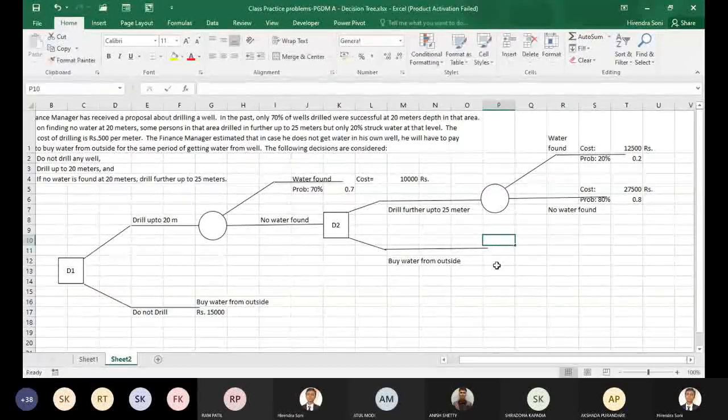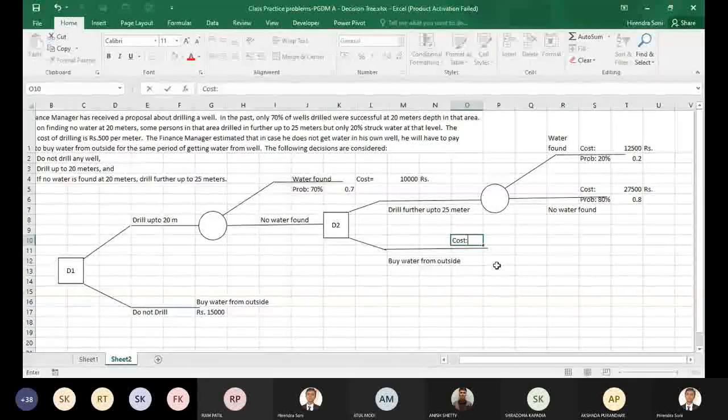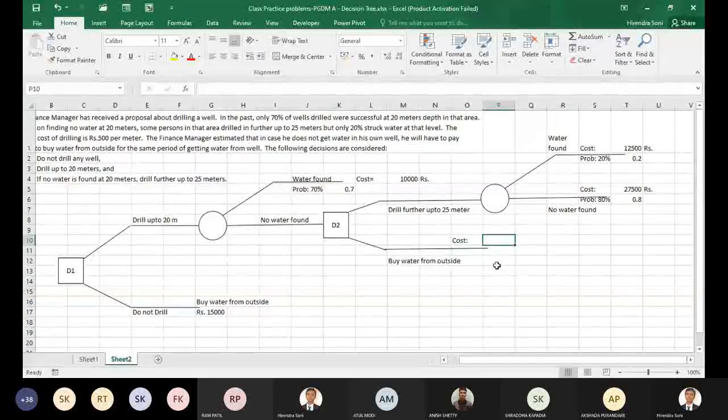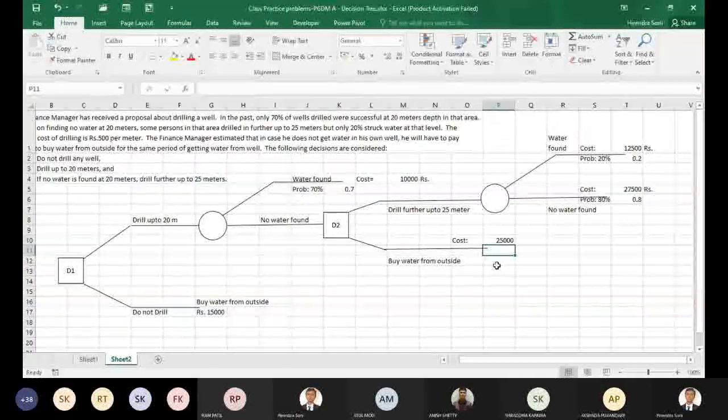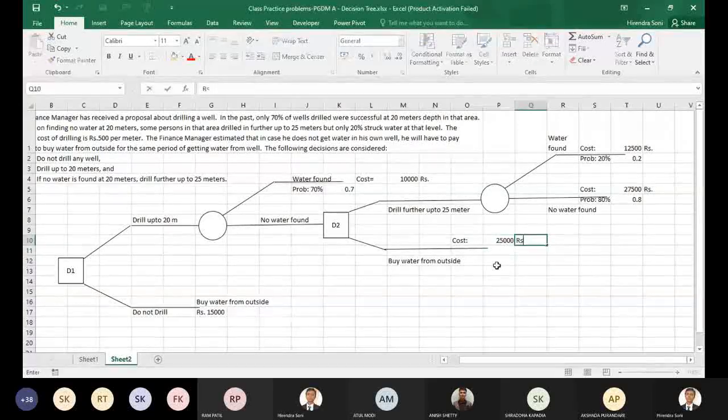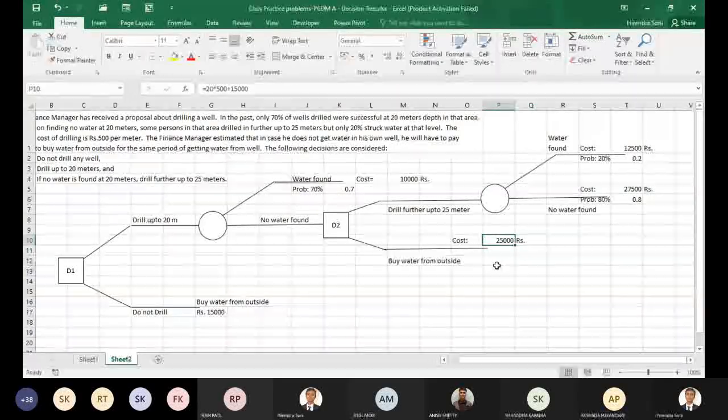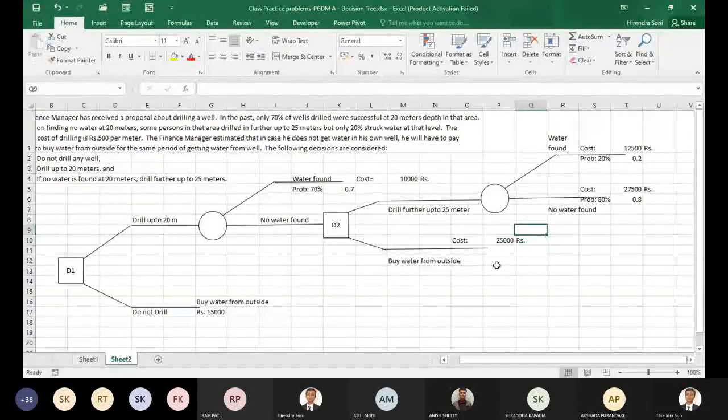So 25,000 rupees would be my cost. Fine. Now, how do we decide? We will start from this corner and work out the expected value at this point.